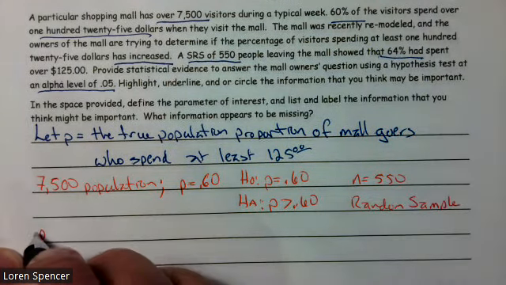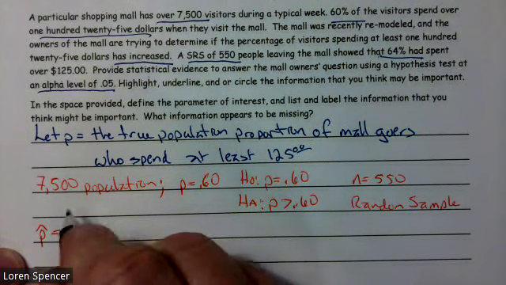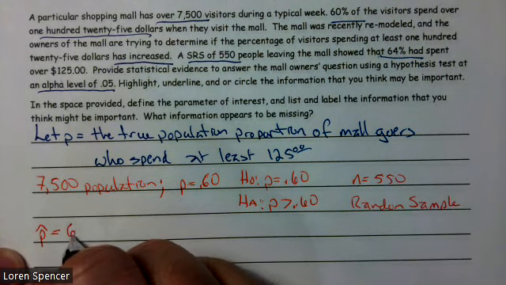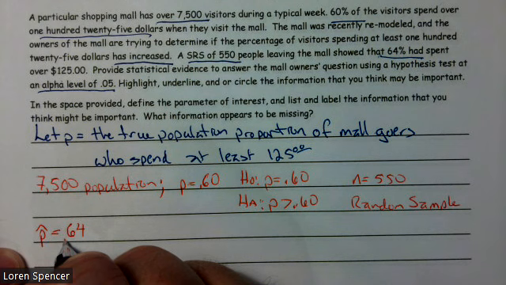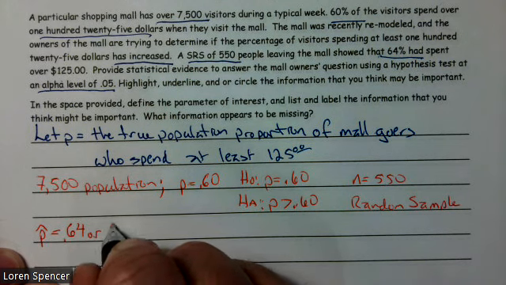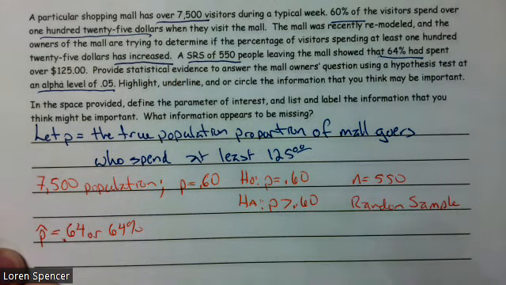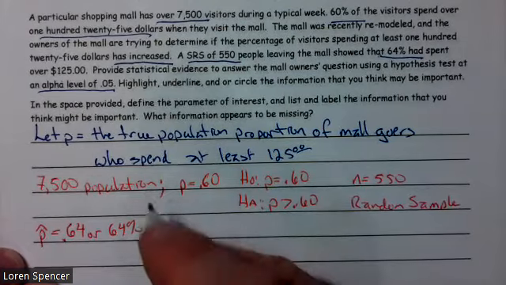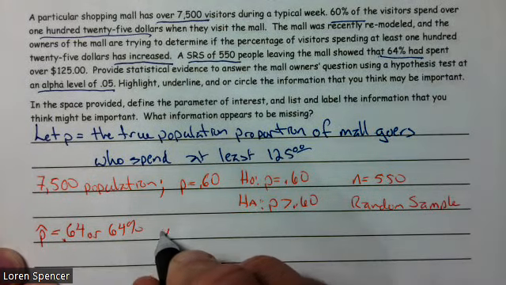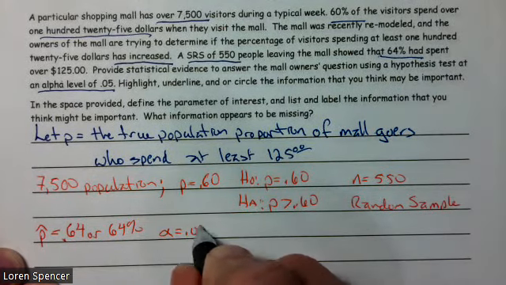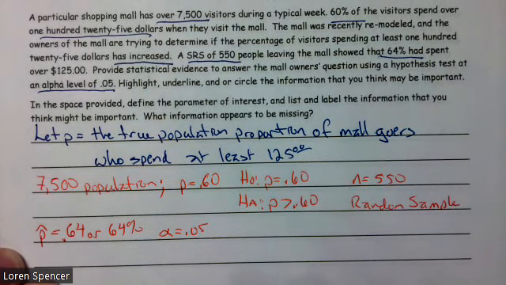So they give us the sample statistic, which is 64%, so 0.64. They give us that. And they give us an alpha level of 0.05. And that's important because that's what we're going to compare to.